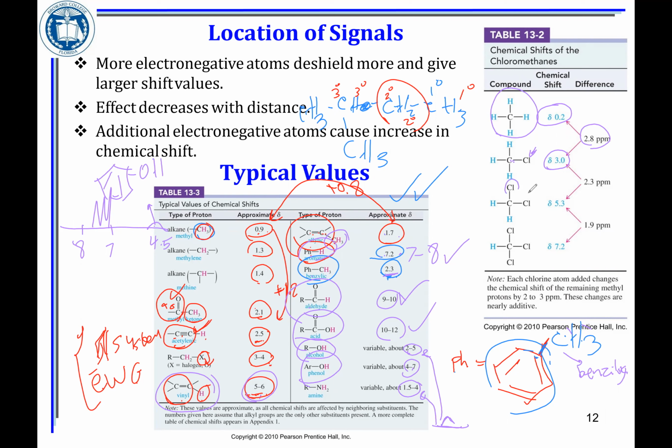Now you add a second chlorine, these hydrogens would appear at 5.3. You add a third chlorine, the more electron withdrawing groups that you add to this carbon, the de-shielding effect is going to increase, and the signal would appear at a higher number. So the most effective one was the first chlorine, because it's already being de-shielded. Adding a second chlorine is going to de-shield more, but it's not as significant as the first one. The first one is very sharp.